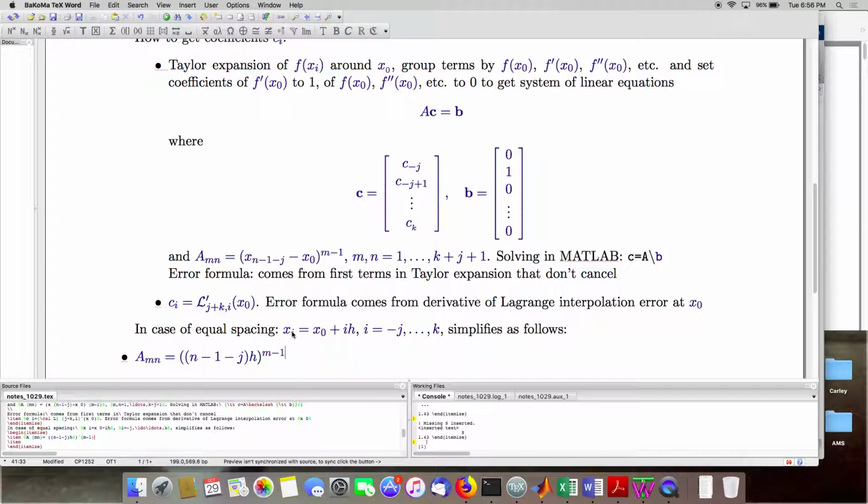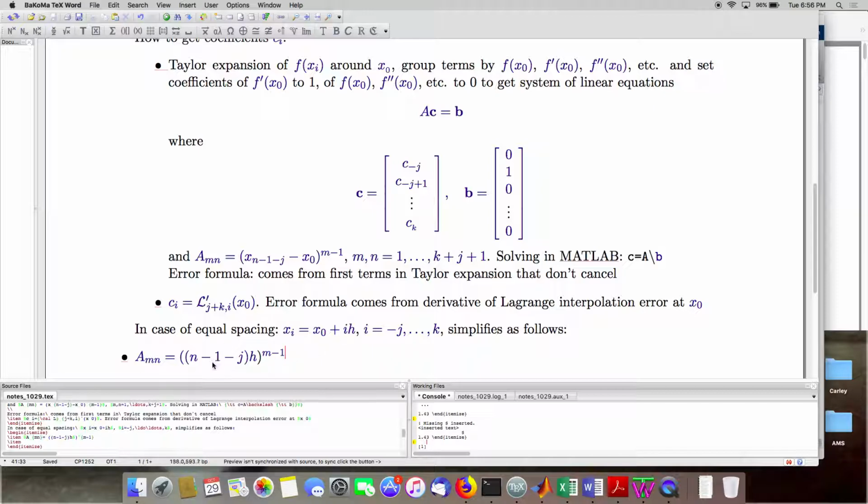Just because I'm plugging this formula into here with the appropriate index, and all we get is just a multiple of h raised to whatever power.